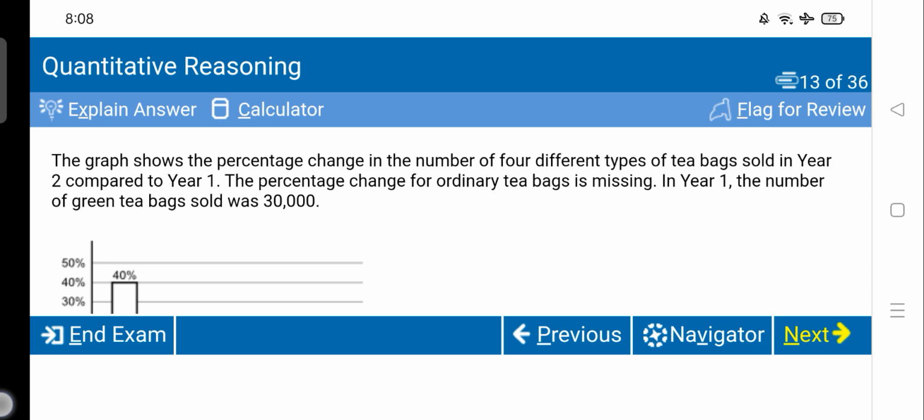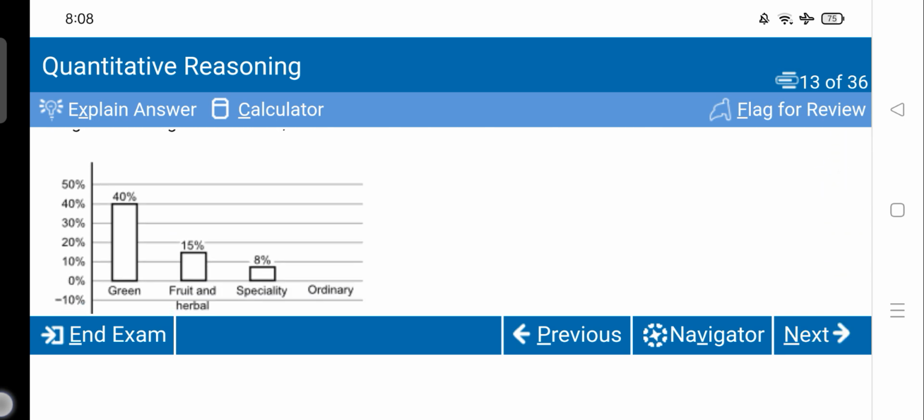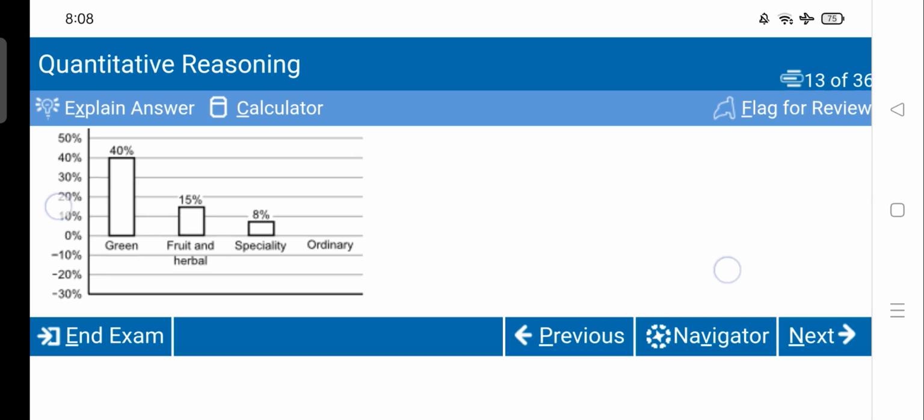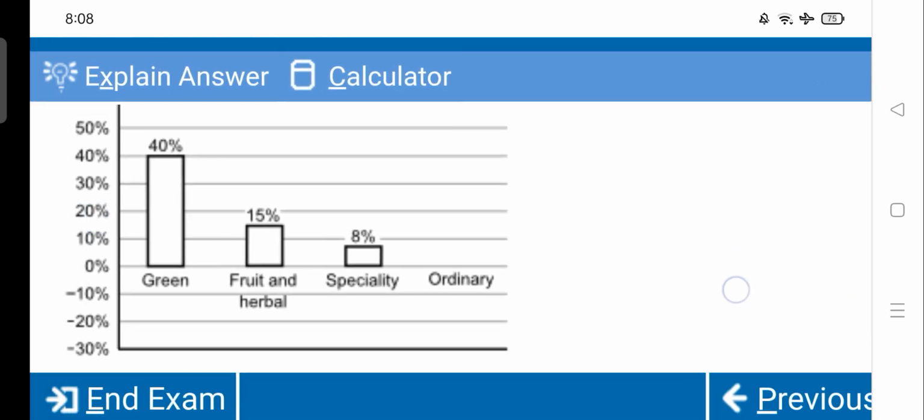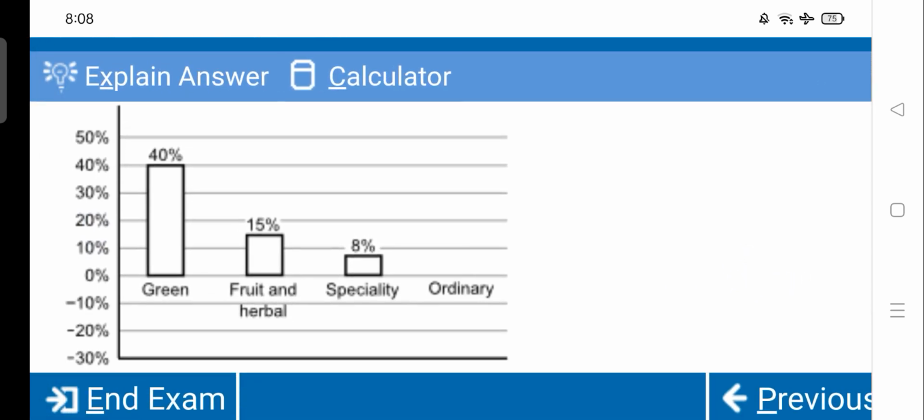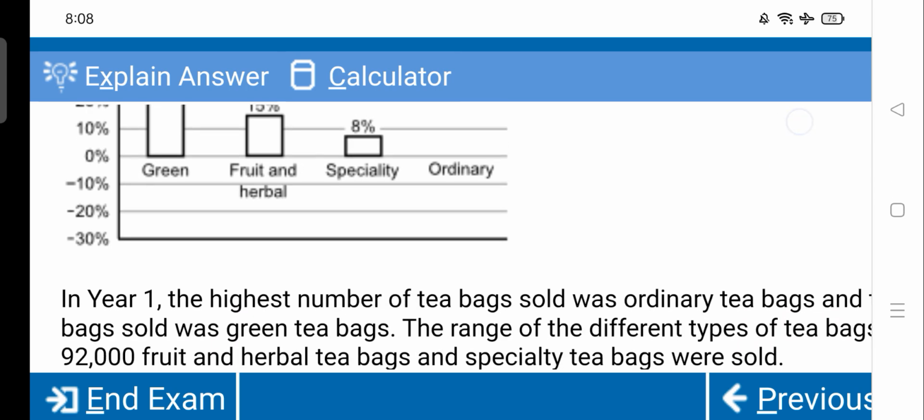In year 1, the number of green tea bags sold was 30,000. So here we have this information in the form of a chart. Here you can see green tea bags 40%, fruit and herbal 15%, specialty 8%, and then we have ordinary.